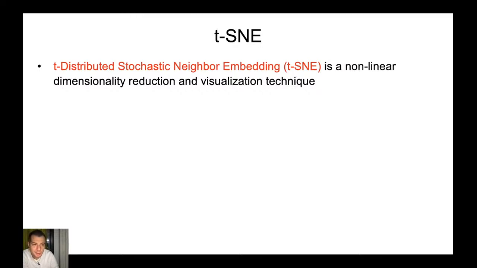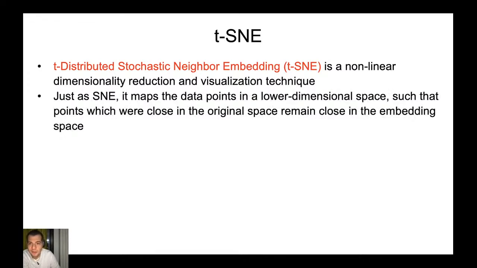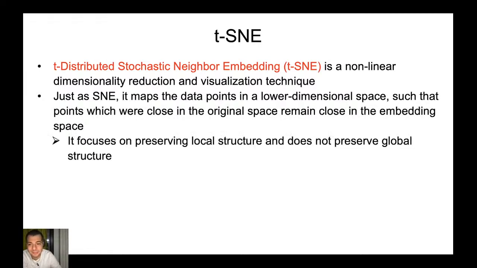So this is a nonlinear dimensionality reduction and visualization technique, just as SNE. It maps the data points into a lower dimensional space such that it preserves the distance between points that are close together. So it focuses on preserving the local structure.